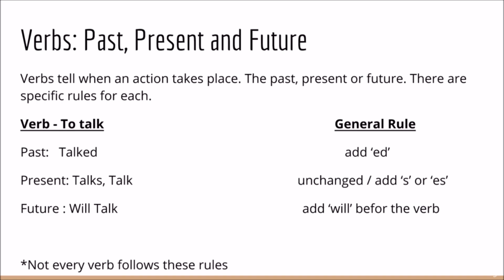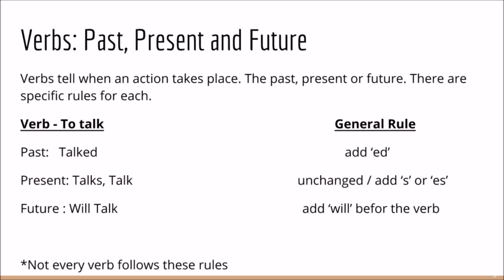It can tell us if it's happening in the past. Is it happening in the present? Is it happening in the future? And to tell the person what time it's happening in, we have to change the verb according to that time.